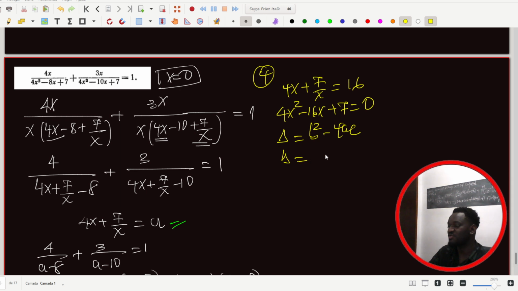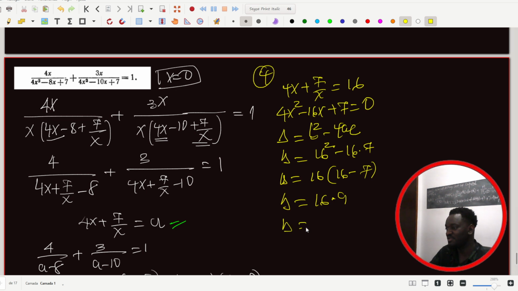So our delta is going to be 16 squared minus 4 times 4 times 7, right? Instead of doing this multiplication here, we can just make 16 times 16 minus 7. So delta equals 16 times 9, so our delta is going to be 144.